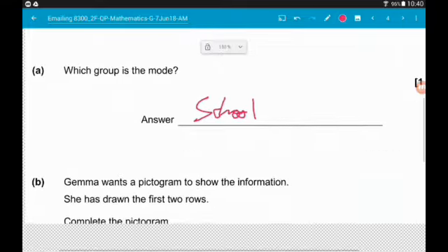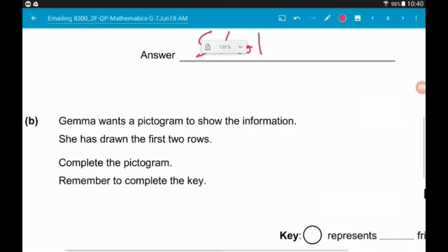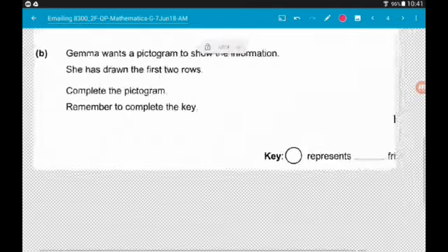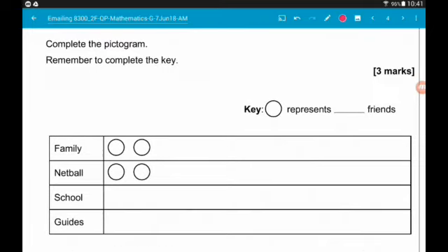Okay, then for part B, Gemma wants to draw a pictogram to show this information. She's done the first 2 rows. We want to complete the pictogram and remember to complete the key. So, the first 2 rows have both got 2 circles.